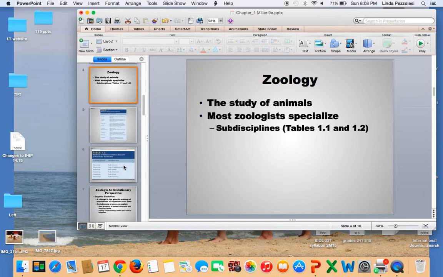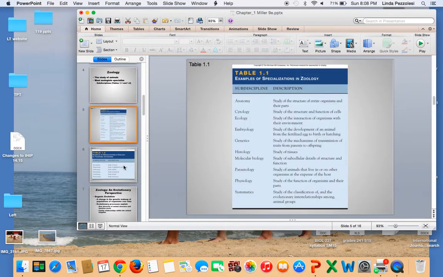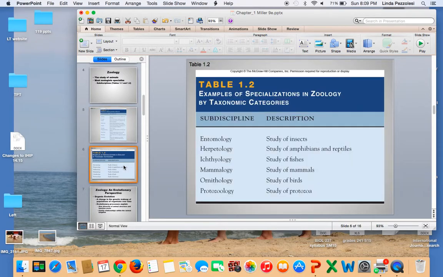Okay, so zoology, study of animals. Most zoologists specialize and have subdisciplines, such as those that you see here. Anatomy, ecology, which is one of my specializations. I'm also an animal behaviorist, which even falls within ecology. You'll want to look through those.